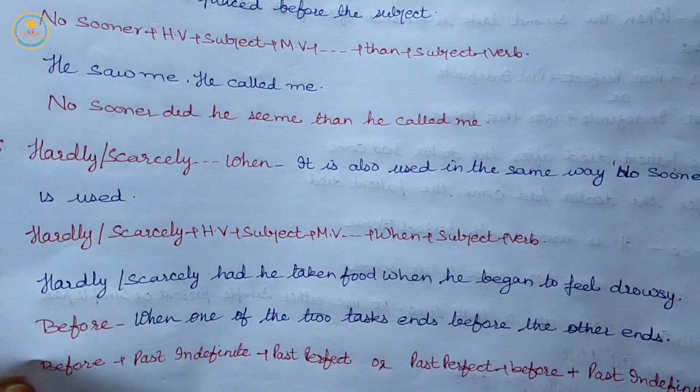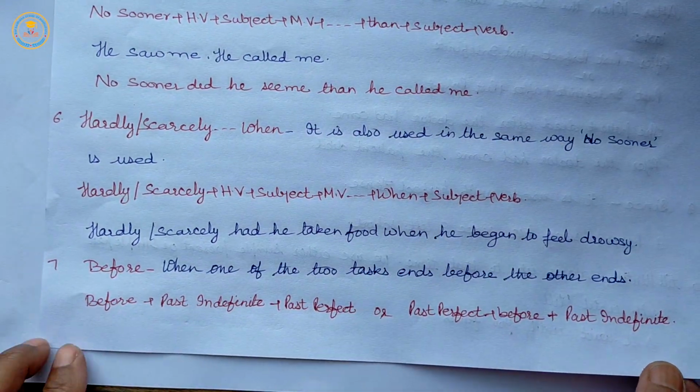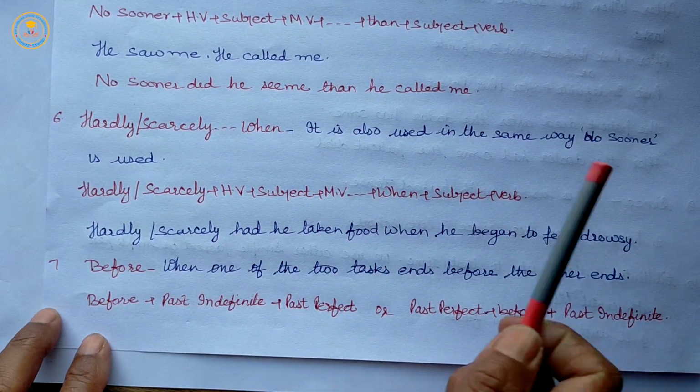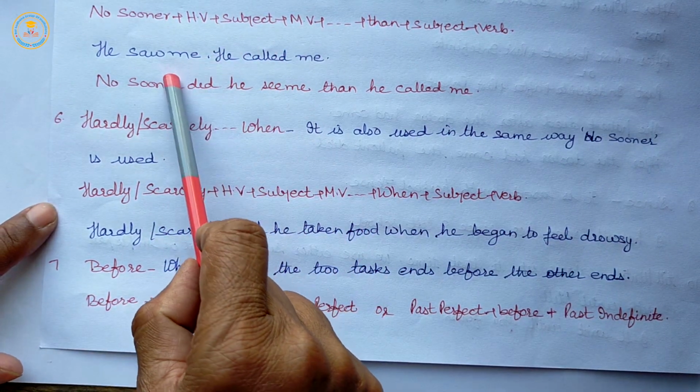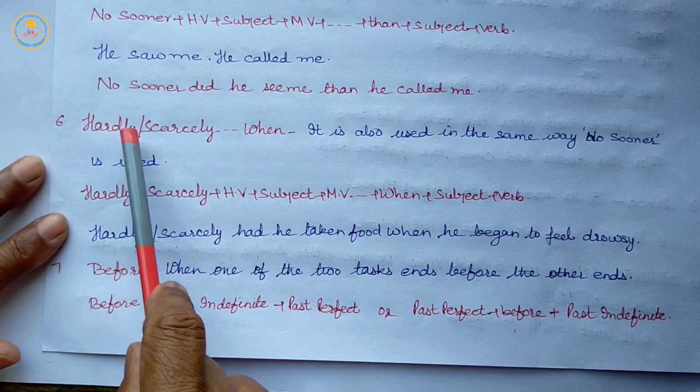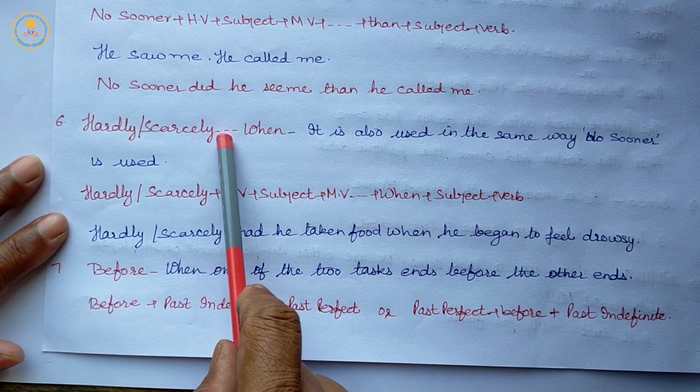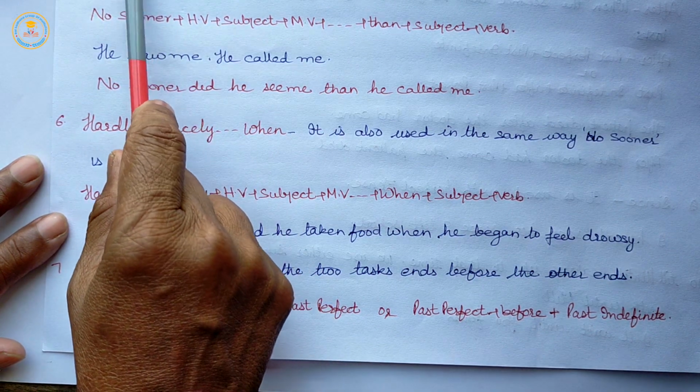Next is hardly, scarcely or when. We have read the rule about no sooner and then. This hardly and scarcely is also used in the same way as no sooner.